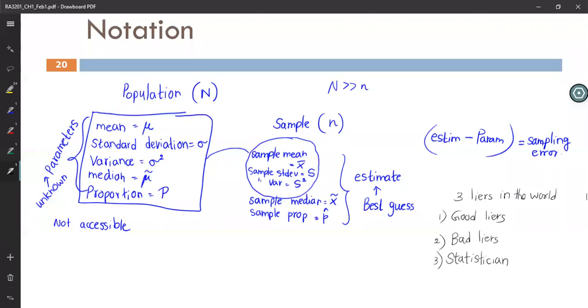But if you use a bad sample, all these stories and predictions are going to be false predictions, and you are misleading people. That is why you become the third liar in the world if you do not take a proper sample in your study.